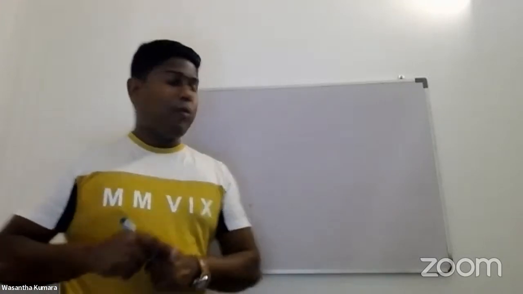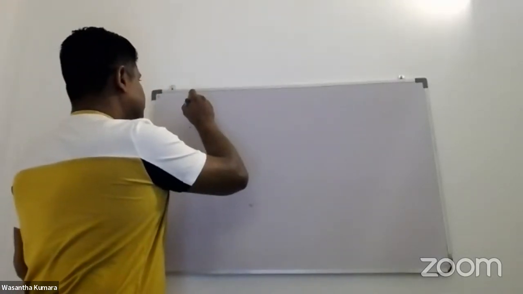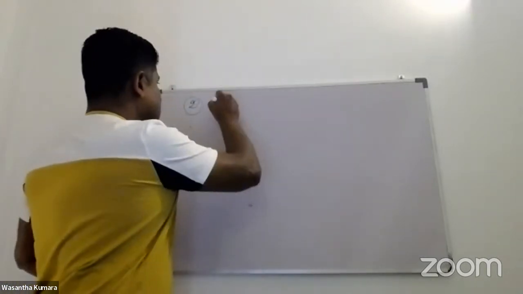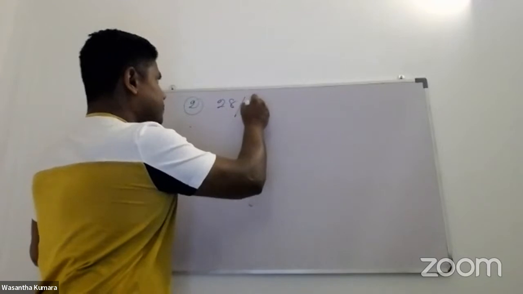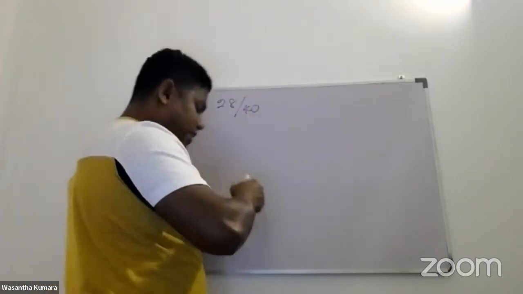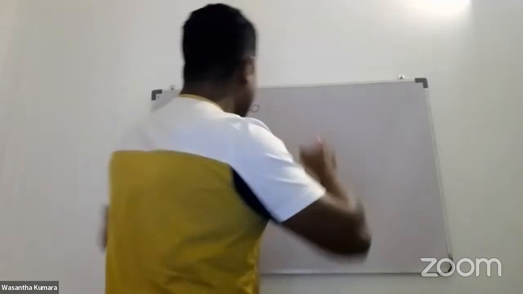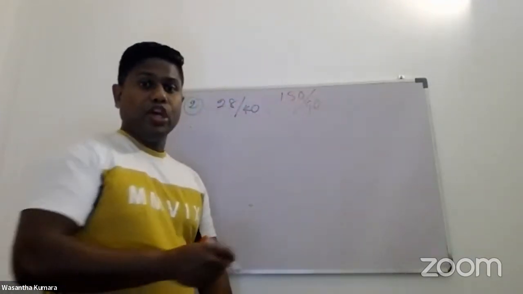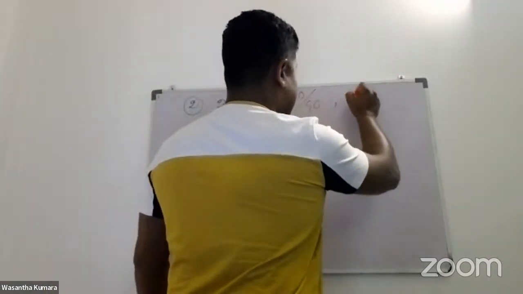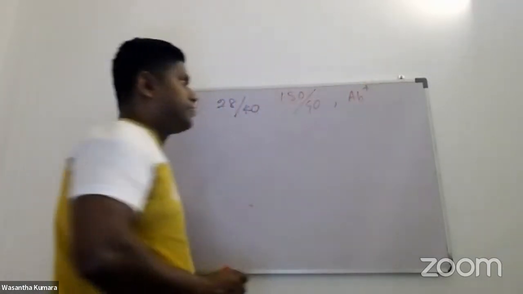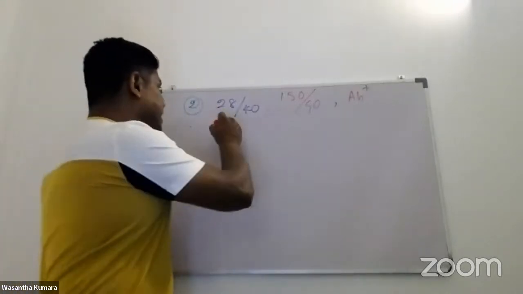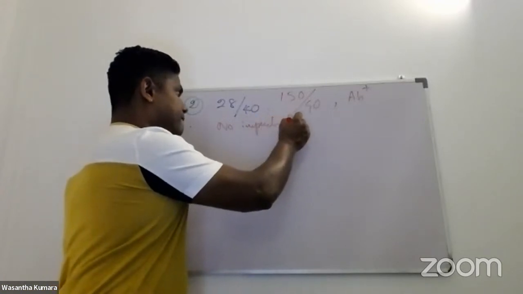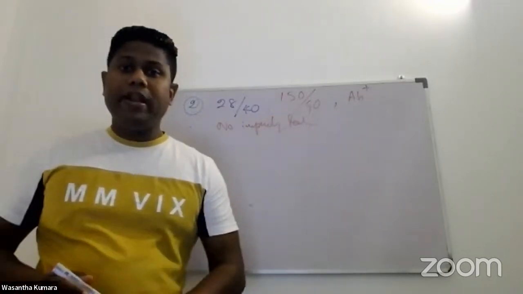The second scenario, suppose, again, we will say 28 weeks. She's 28 weeks, first pregnancy, having blood pressure of 150 over 90. Urine albumin 1 plus. No impending features.